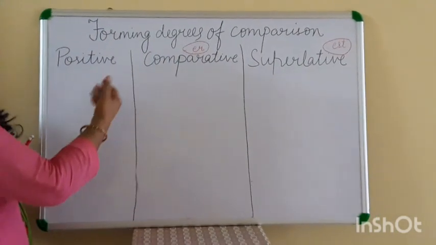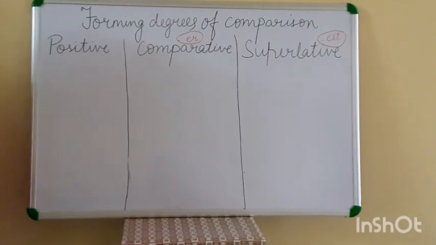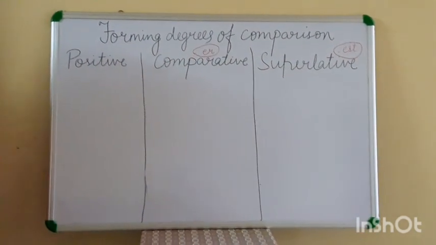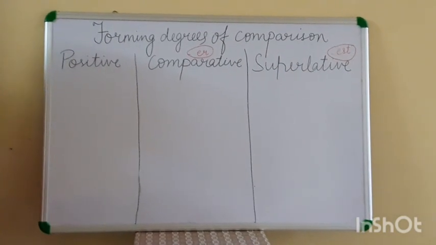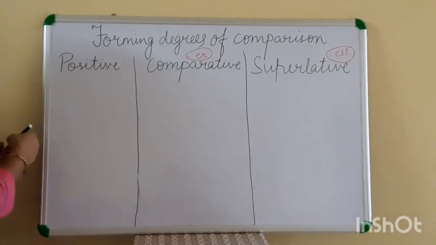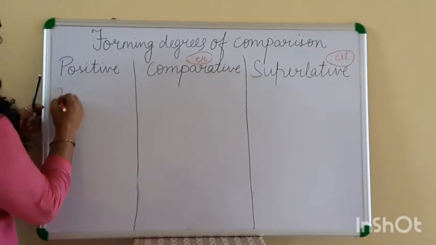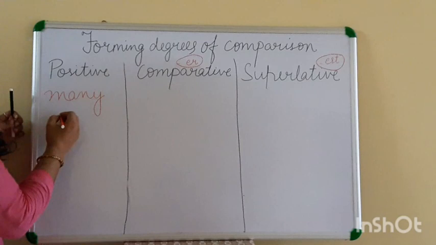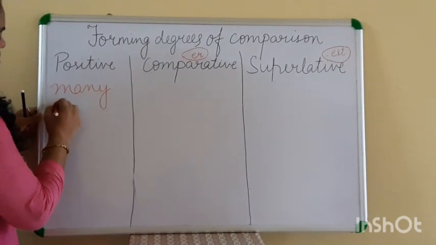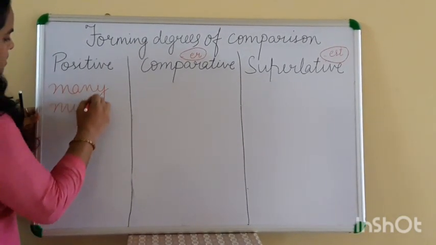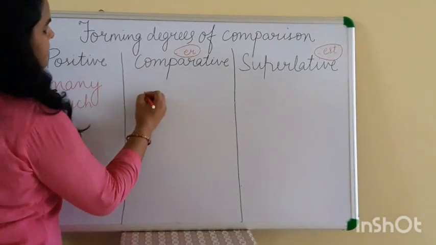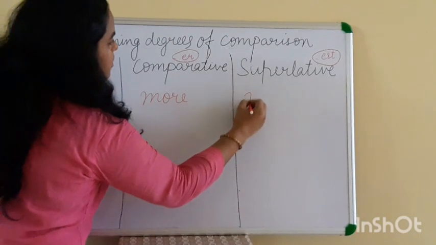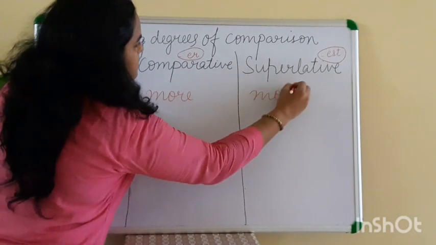Children, now for some adjectives, the comparative and superlative degrees are formed using completely different words. Like many, much. The comparative degree is more, the superlative is most.